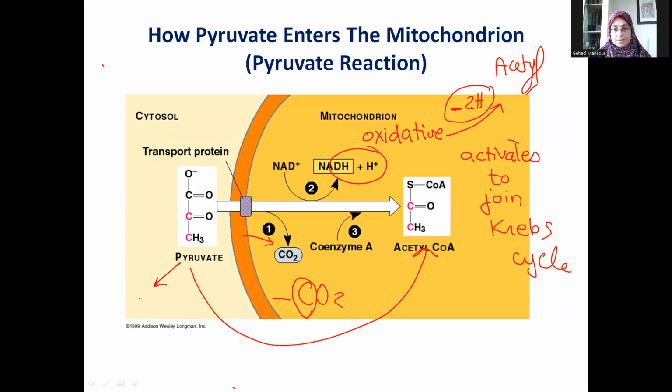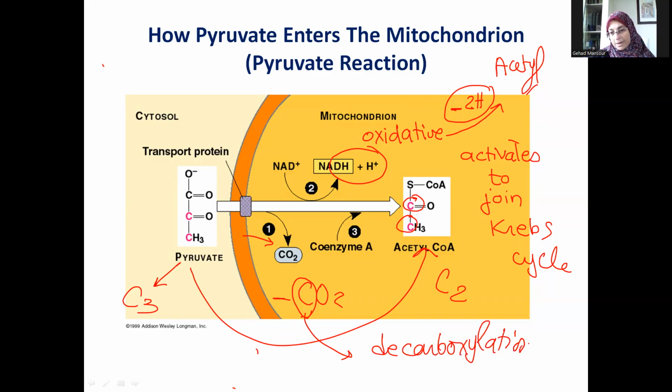Pyruvic acid is a C3 compound, whereas the acetyl radical is a C2 compound. Here, as you can see, we have only two carbon atoms. So it is oxidative because we removed two hydrogen atoms that were carried by NAD, and it is decarboxylation because we removed carbon dioxide.